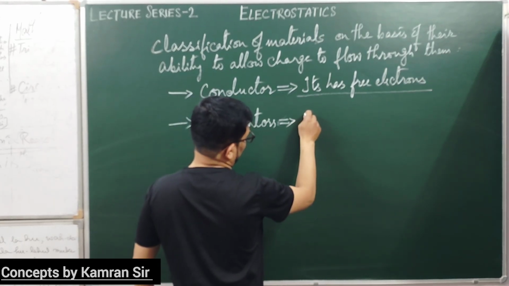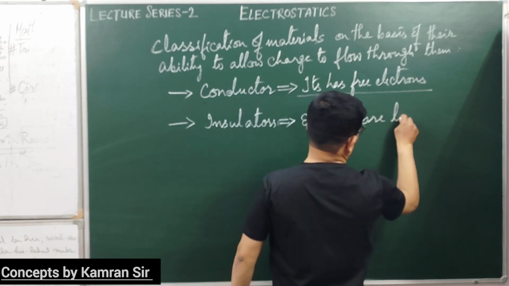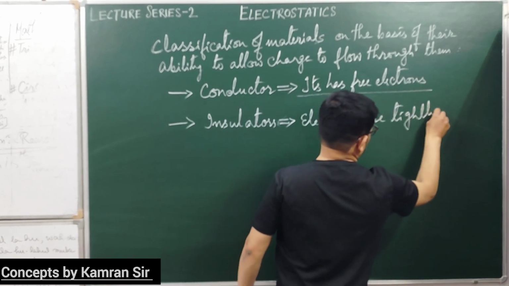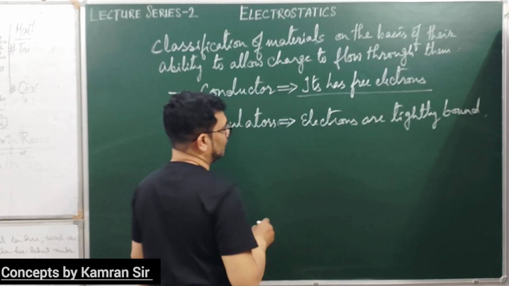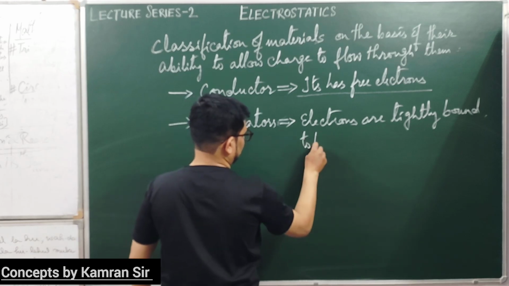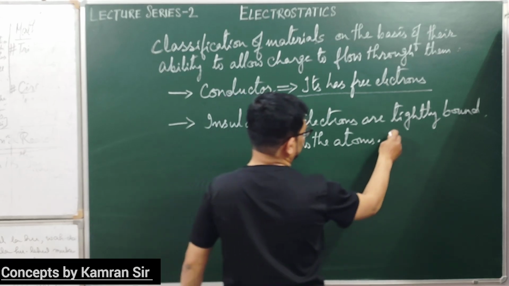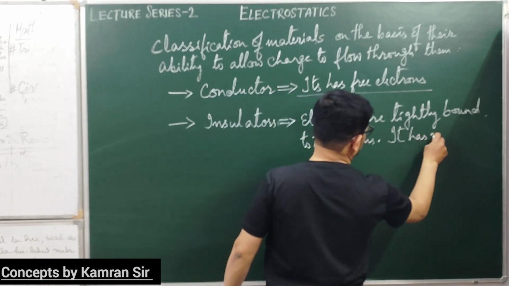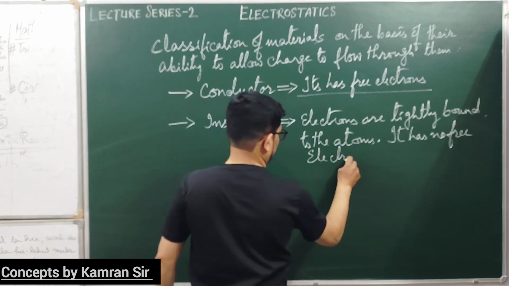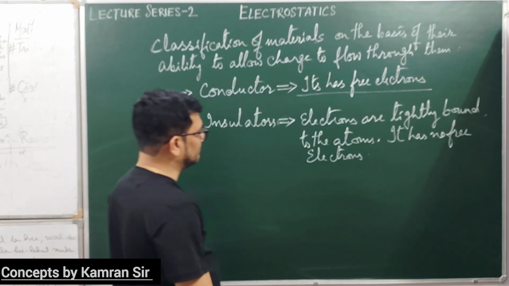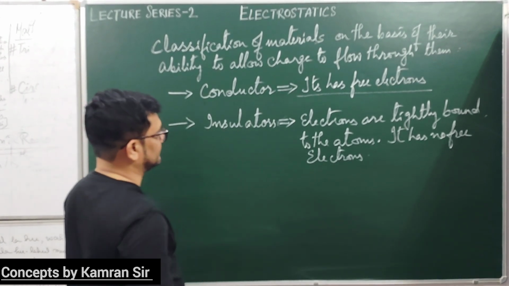So here we can write the electrons are tightly bound, and because of which they are not able to flow freely through their atoms, which essentially means it has no free electrons, right? So electrons are there certainly, but they are not free and they cannot move freely. Such kind of materials we call insulators.